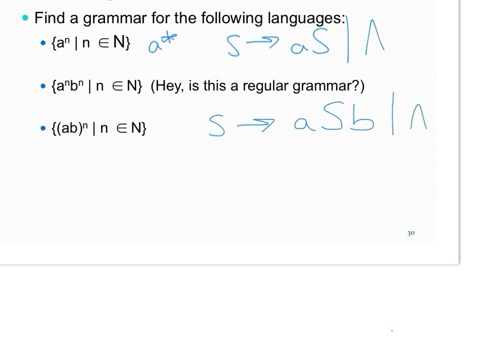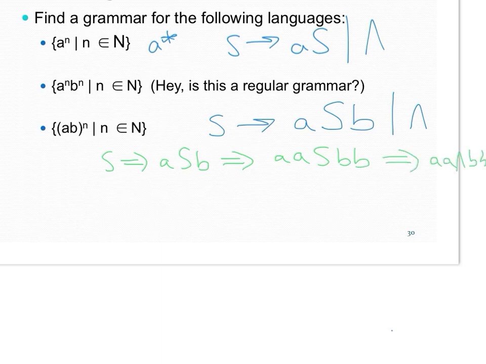And if you look at that, then if I'm trying to derive a string like aabb, what we get is S goes to aSb, goes to aaSbb, goes to aa lambda bb. And we got it. So that's pretty good.